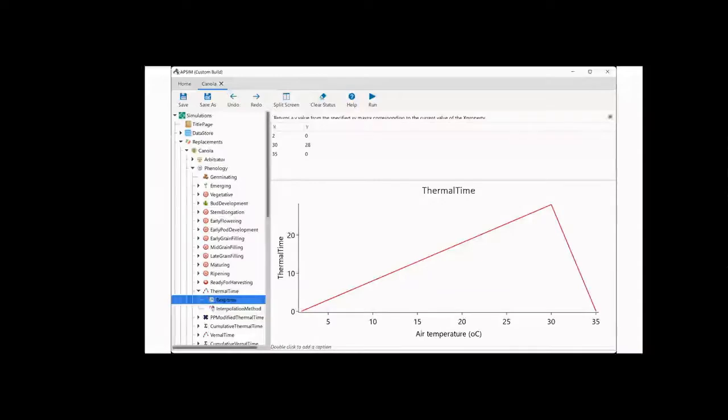In terms of phenological development, there are a range of growth phases, and they're somewhat similar to the traditional canola model in APSIM Classic, but also bringing in some of the ideas from other models in NextGen, such as the soybean model. So the phenology model goes through various growth phases. There's a germination phase.